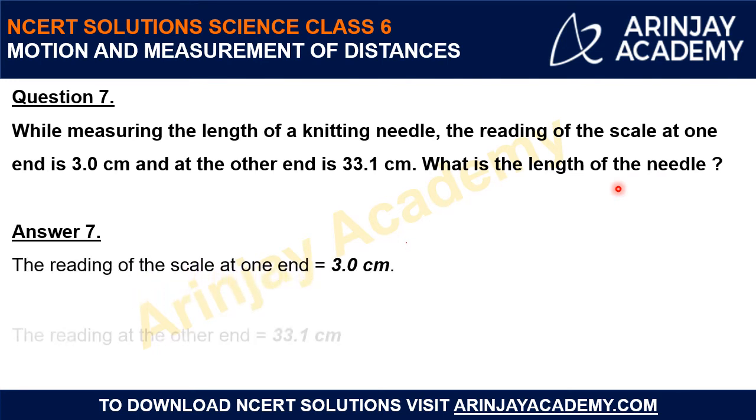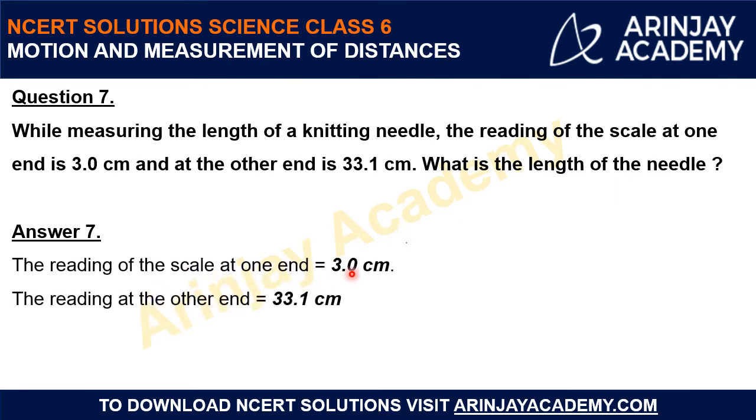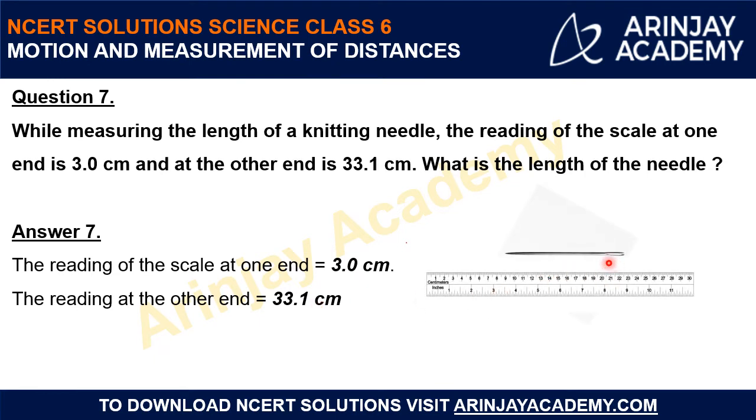So this is what we have been given, the readings at the two ends. Let's see it visually. We have a scale, we have kept a knitting needle along it. We measured that this particular point marks the scale at 33.1 centimeter and the other end marks the scale at 3.0 centimeter.